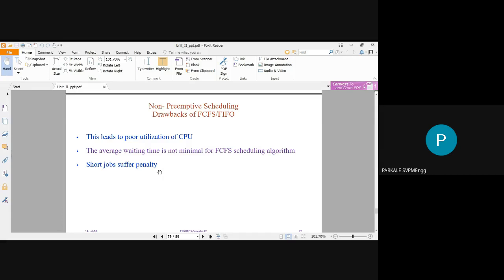But if you use FCFS, tasks 1, 2, and 3 will execute first, which require more time, maybe 10 or 20 seconds, and your last task, which requires only 1 second, has to wait for a longer time. Only after T1, T2, and T3 execute will T4 be executed. This is called short job suffers penalty. That means a task or process which requires a small execution time has to wait for more time.